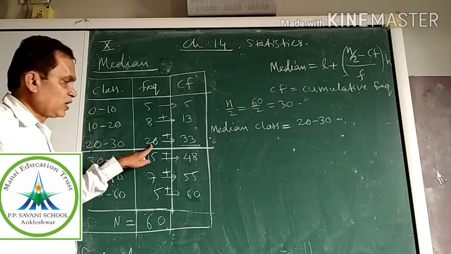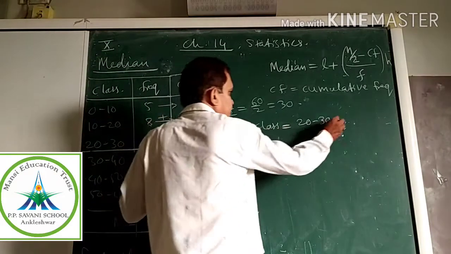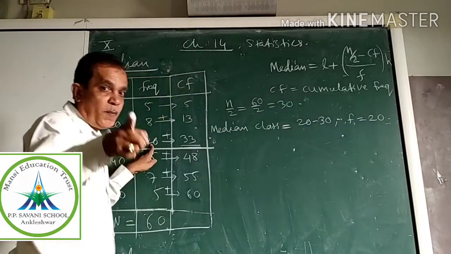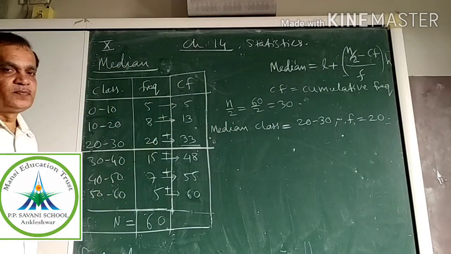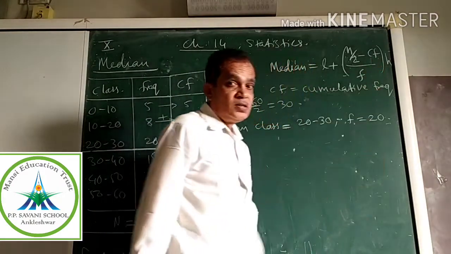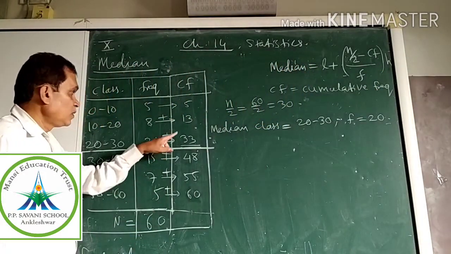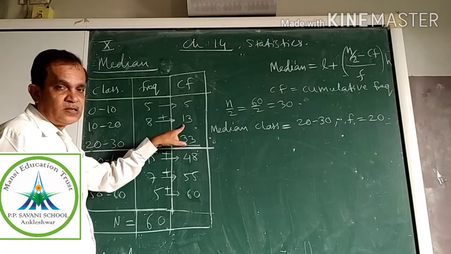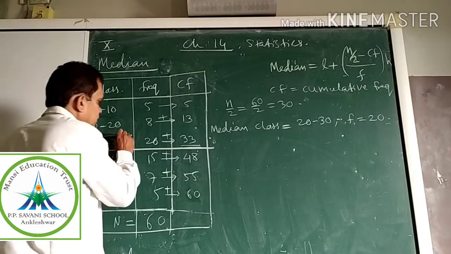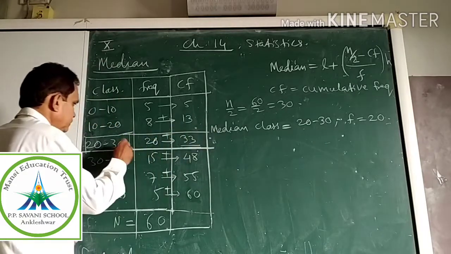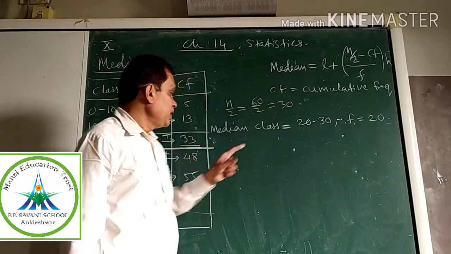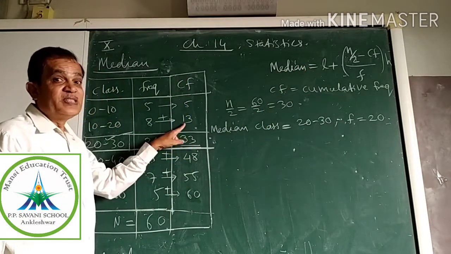Now frequency. The frequency of the median class is F. Now CF: the CF of the preceding class. See, this is the median class.